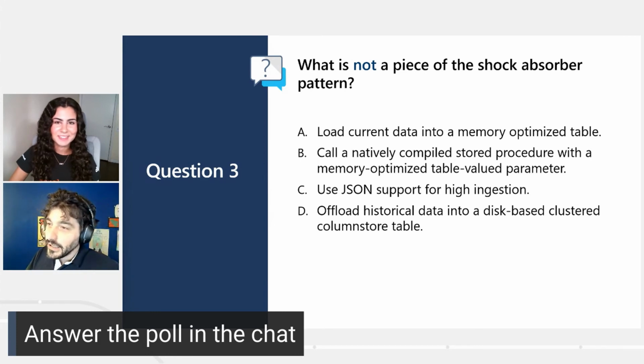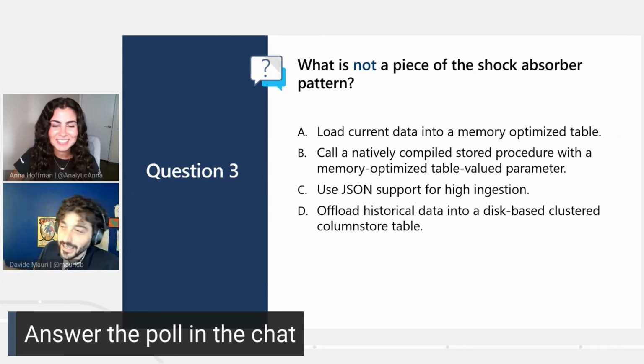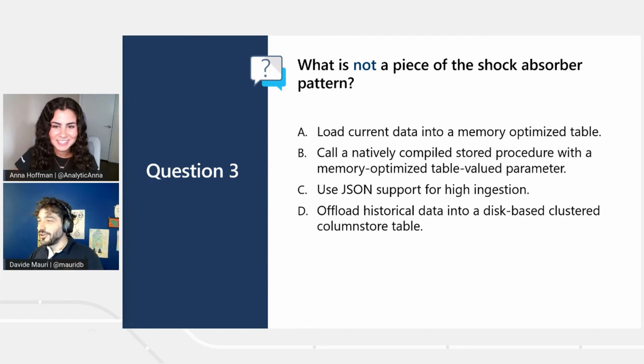So I would say load data into memory optimized table, I guess so. I talked basically for 10 minutes only about that. And B, I just mentioned that it's definitely part of the shock absorber. Use JSON support for high ingestion. Okay, JSON is not really needed for the shock absorber, so you may use it, you may not, but it's not a mandatory part.